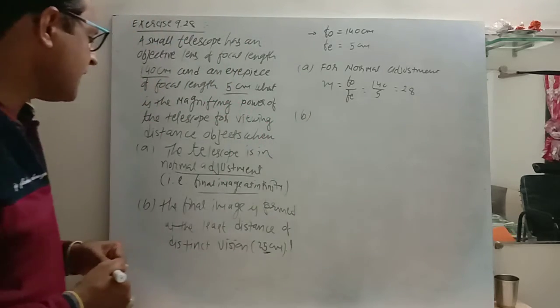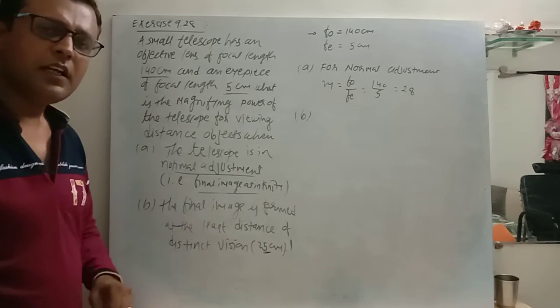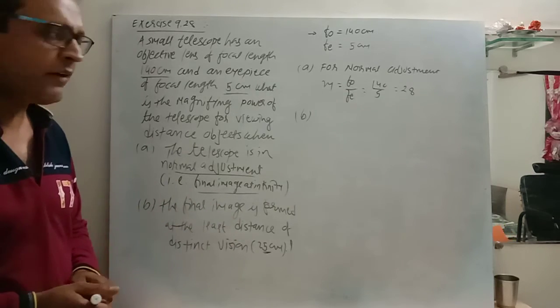Now, for the second part, image formed at least distance means at 25 centimeter.